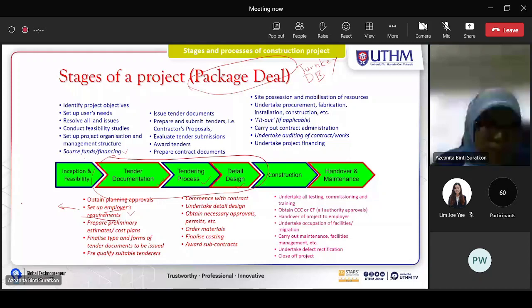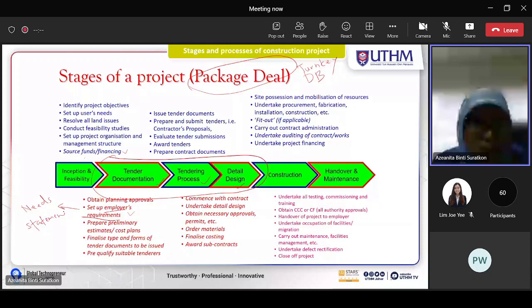Once the employer has this needs statement, the contractor will come up with the preliminary estimates and cost plans. Finalize style and form of tender documents to be issued. Pre-qualify suitable tenderers.